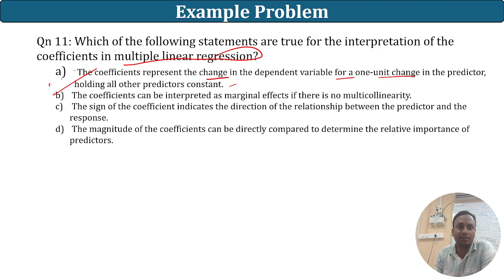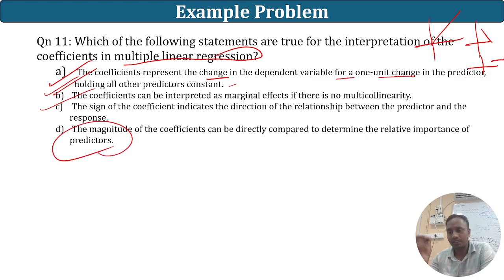Yes, that's correct. The coefficient can be interpreted as a marginal effect if there is no multicollinearity. The sign of the coefficient indicates the direction of the relation between the predictor and the response, because if it is positive it is direct, otherwise inverse. The magnitude of the coefficient can be directly compared to determine the importance of the predictor?